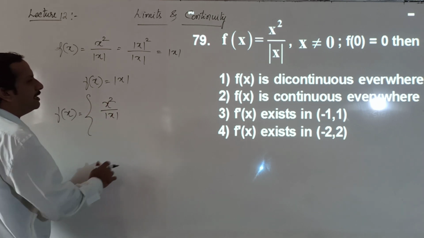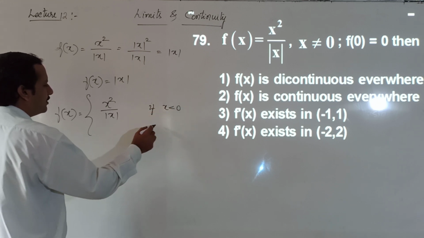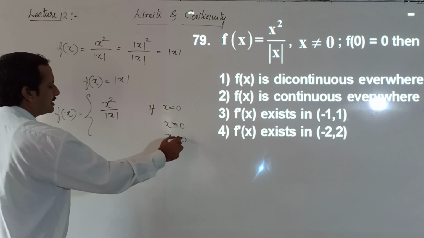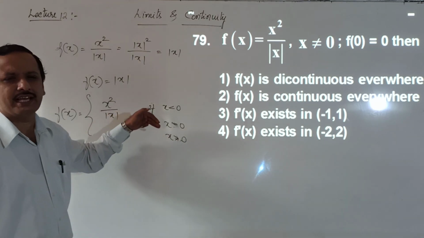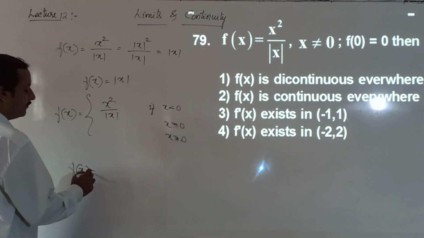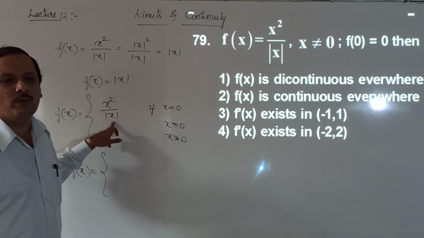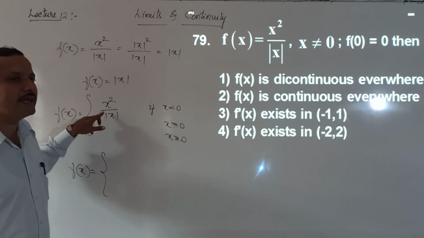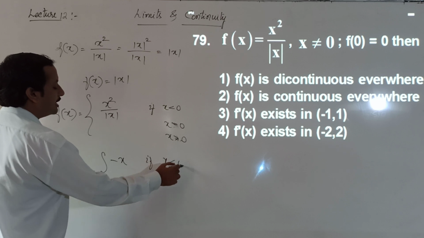I'll split it into 3 cases: when x is negative, when x is 0, and when x is positive. First, when x is negative, how do you define mod x? Whenever x is negative, mod x is defined as minus x. So x square divided by minus x will give you minus x if x is less than 0.